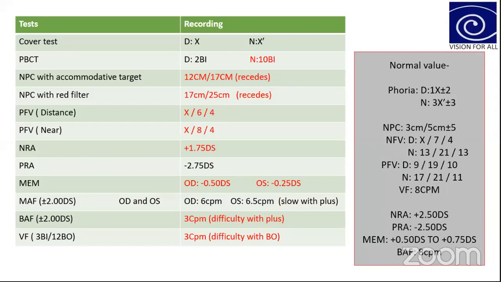The normal phoria at distance is around 1 exophoria, and at near around 3 exophoria, plus or minus 3, that is ortho or pseudo; up to 6 prism for exophoria is fine.